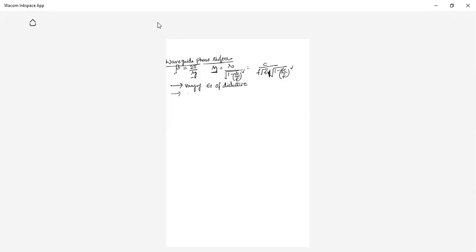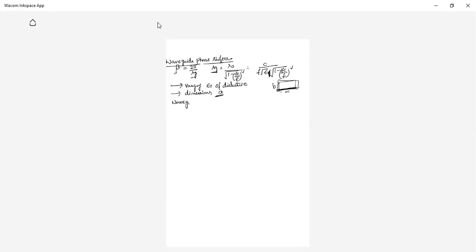Another parameter is the dimensions of the waveguide. That means it depends upon the A value, because in a waveguide, if you consider this is A, this is B, based on this parameter also, the phase difference varies.